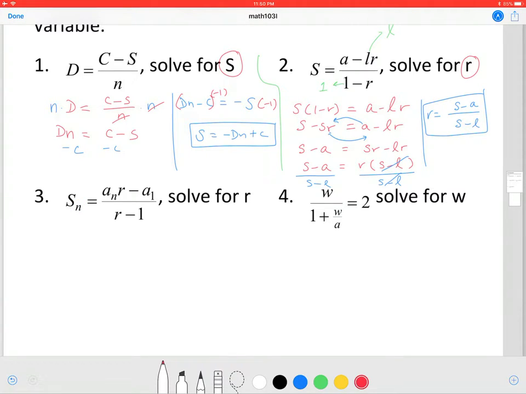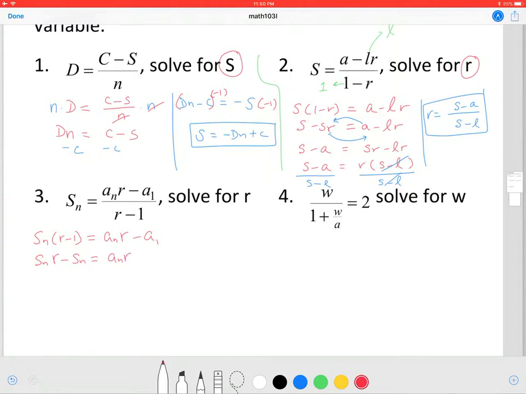Like before, I'm going to multiply both sides by the denominator, r minus 1. So it will be Sn times r minus 1 is equal to An r minus A1. Only the numerator will remain on the right hand side. Again, like the previous problem, we have r on both sides, so let me distribute Sn.